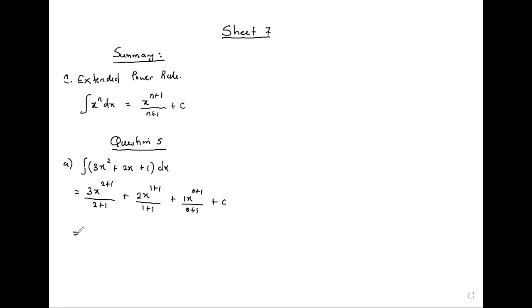So this becomes 3 over 3, so we just have x to the power 3, plus 2 over 2, so we just have x squared, plus x plus a constant c. If you differentiate this, you understand that you get the integral inside.